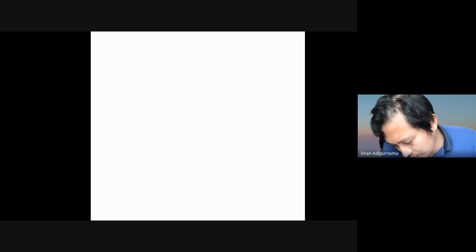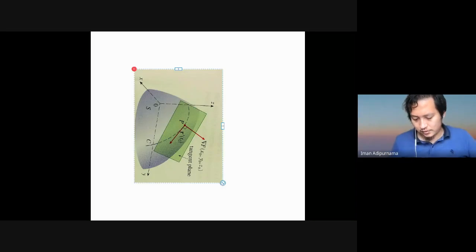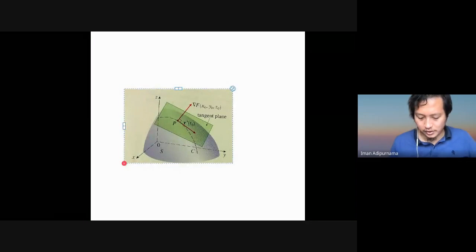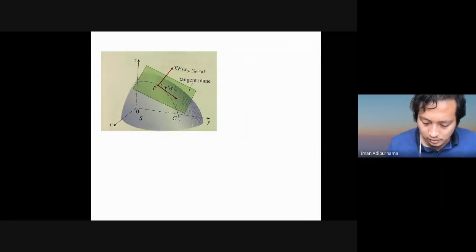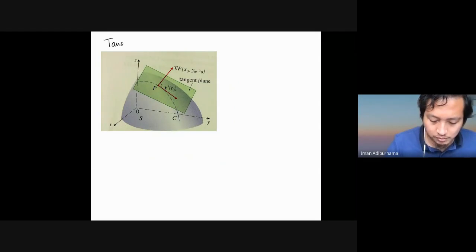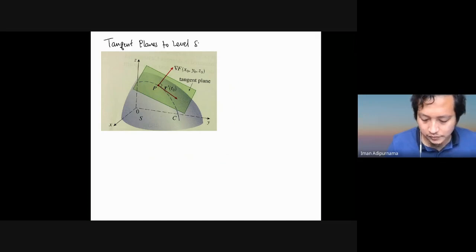Okay, this is the picture. Let me write the title: tangent plane to level surface. It's still section 14.6 because it's still directional derivative and gradient vector.